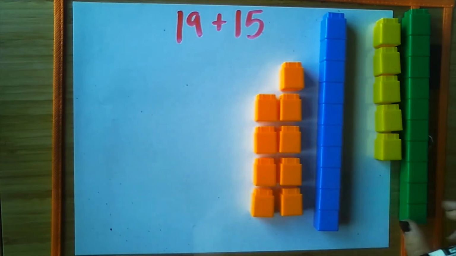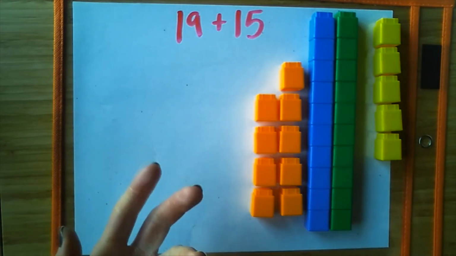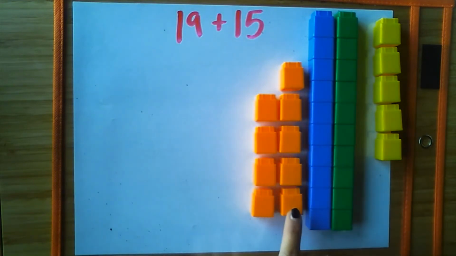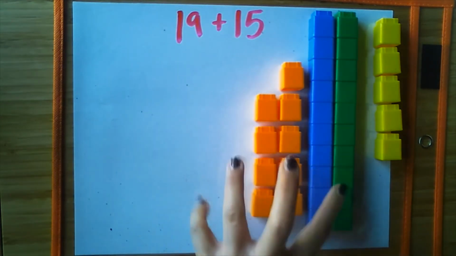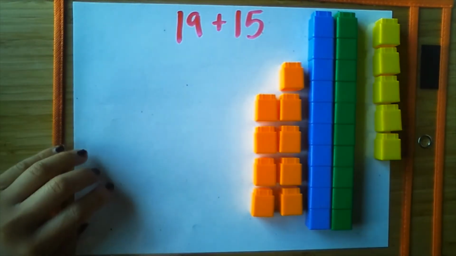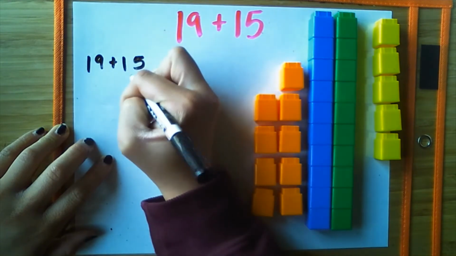19 and 10 is 20, and then that's 25, that's 4, 29, okay? So 19 and 10 is 29. We're going to write down 19 plus 15.